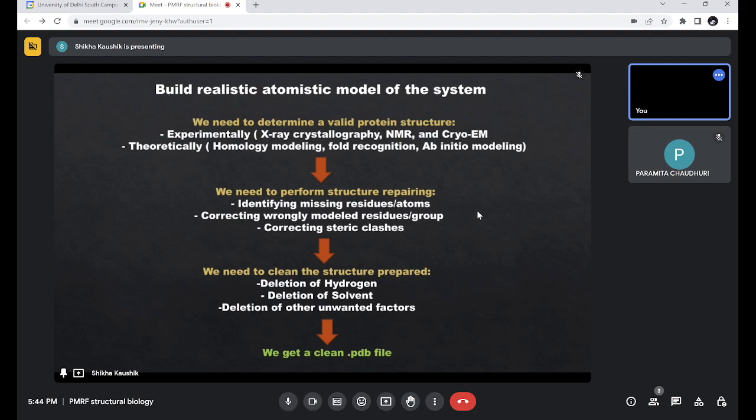These are the software that we use, and nowadays these software use all three techniques to achieve the final structure. Sometimes you have some homologous aspect of that particular sequence, so you can achieve a model through homology modeling, but sometimes you need to apply all three methods to have your final structure.